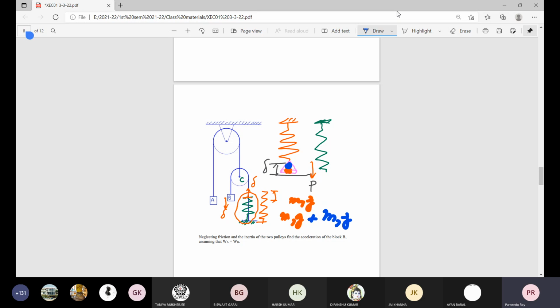So P increases, and for P increase, delta will also increase. So P versus delta, definitely there is some relation, and that relation depends on the material property of the spring and the geometry of the spring. So from your common sense, can you tell me the relation between this P versus delta?